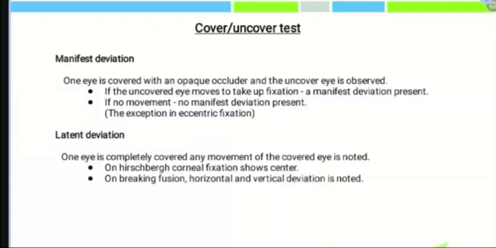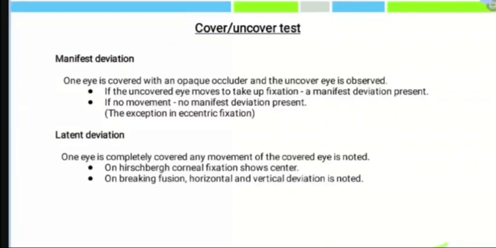In case of phoria, you have to cover one eye, then remove the cover, and you have to see the covered eye. You have to make sure to observe the eye movement as fast as you can, so that you will see what kind of deviation the patient has, because in this case the Hirschberg will show center, and the patient might have good fusional parameters.